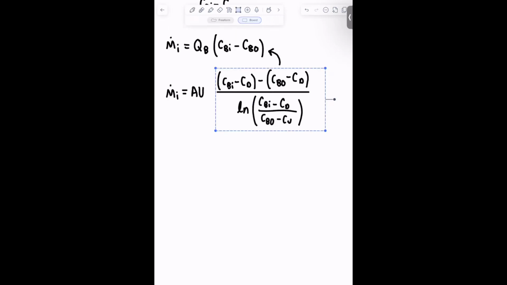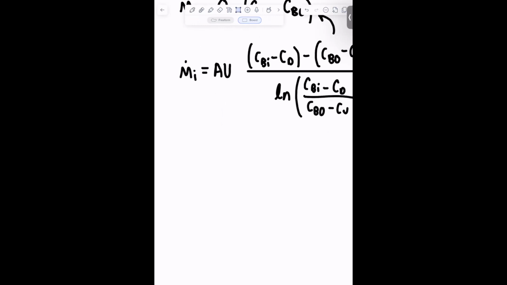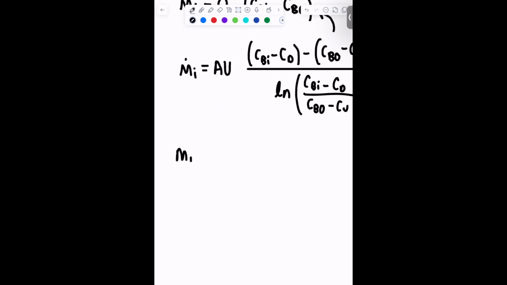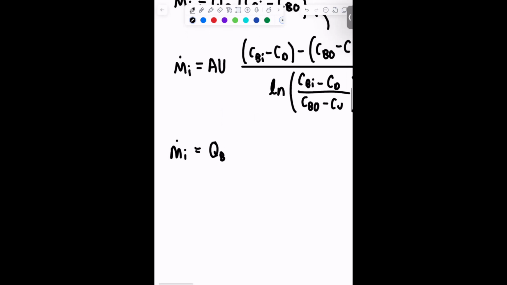So after that, we can reduce it just a little bit more. So we have QB times CBI minus CD.